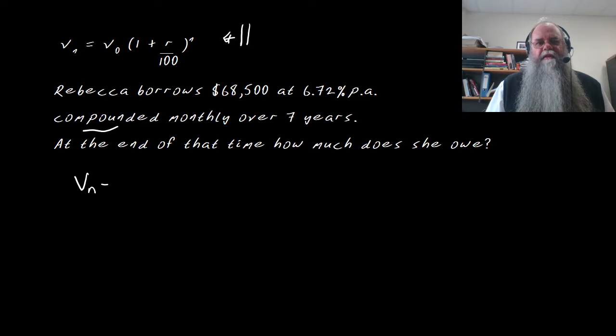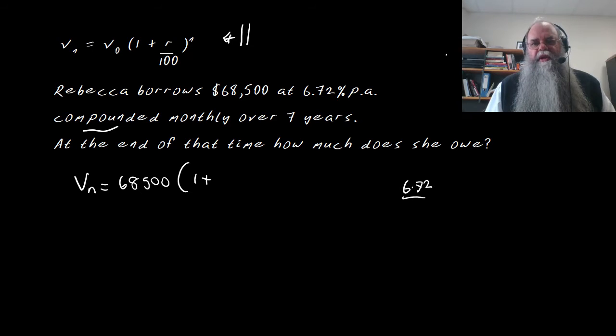So Vn equals V0, the amount that she borrowed, the principal amount, is $68,500, times 1 plus. Now R in here is going to be 6.72, so 6.72 divided by the number of interest periods in 1 year.